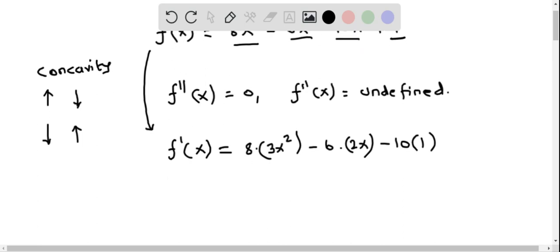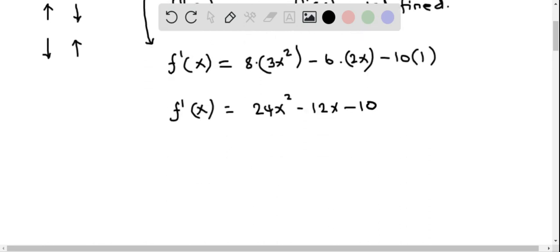So let's simplify this. This is basically the first derivative of the function, f prime of x, and this equals 24x squared minus 12x minus 10. Now let's find the second derivative by finding the derivative of this f prime of x.